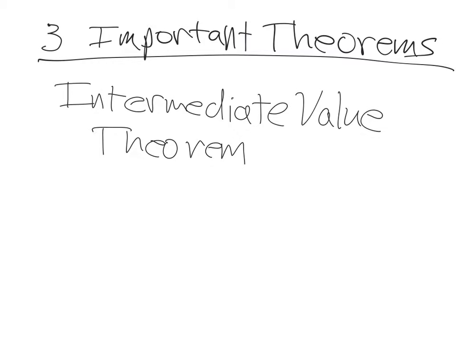Let's take a look at f of x equals x to the fifth plus x minus 3, which is the function on problem 4 with our using Newton's method worksheet.